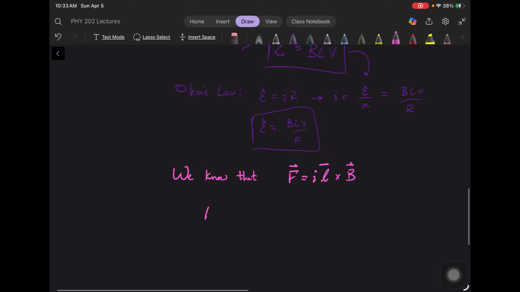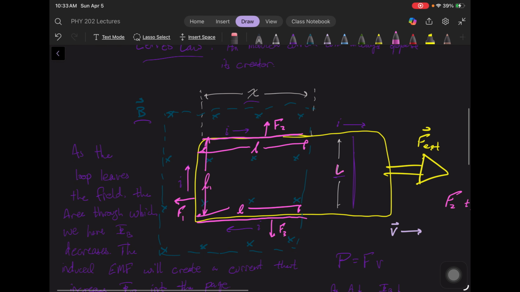And so overall, the sum of the Lorentz forces, right, from a charged particle moving in a magnetic field, is just equal to F1, which is equal to ILB. All right, and we can go back to the capital L since this length and this length are the same.